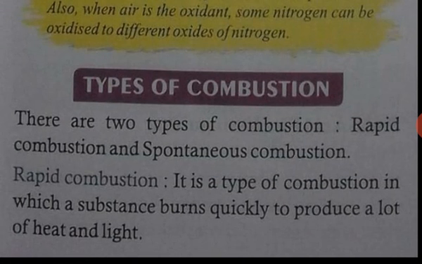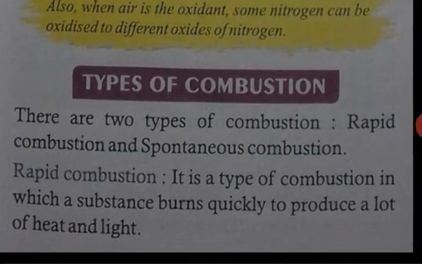When we light a candle, a lamp or a gas stove, they continue to burn as long as the fuel is available. The process of combustion in which fuel burns rapidly is called rapid combustion. Spontaneous combustion and explosion are also forms of rapid combustion.